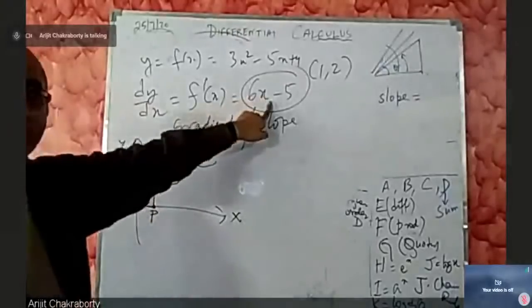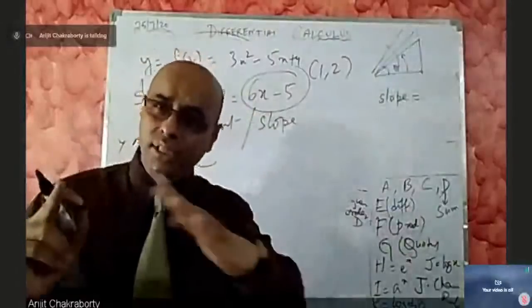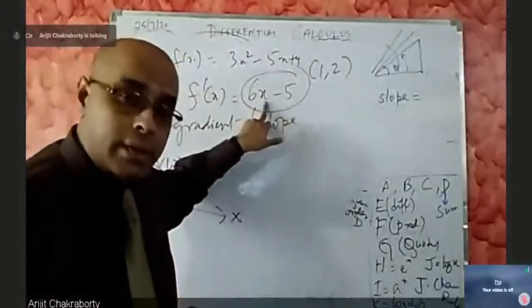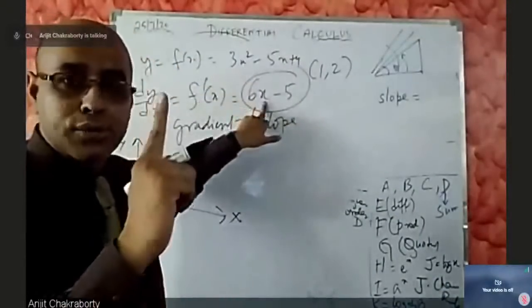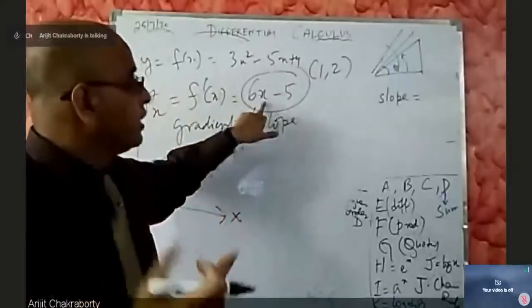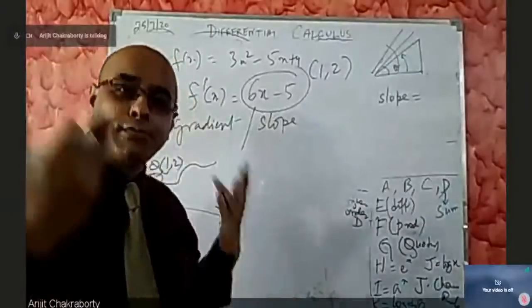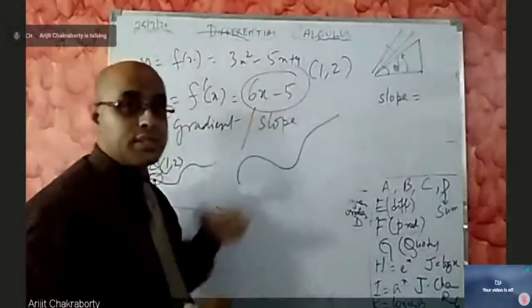So 6x minus 5 is the equation of a tangent. Please note that it has become linear. We don't have quadratic; quadratic is here. This is linear, x to the power 1, which means the equation 6x minus 5 is a straight line. It further proves that if the curve is going like this, 6x minus 5 is a tangent.